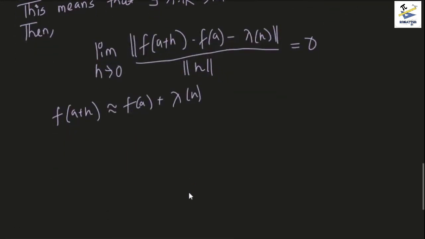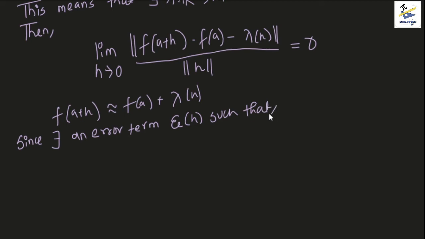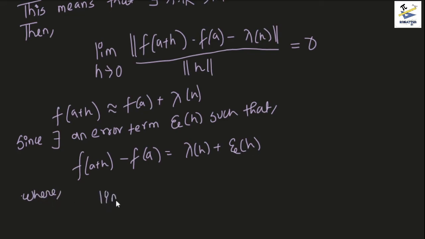But if we want to approximate it further, what we can do is we can write, since there exists an error term which is epsilon of h such that f of a plus h minus f of a is equal to lambda of h plus epsilon of h, where limit h tends to 0, epsilon of h's norm divided by h's norm goes to 0.